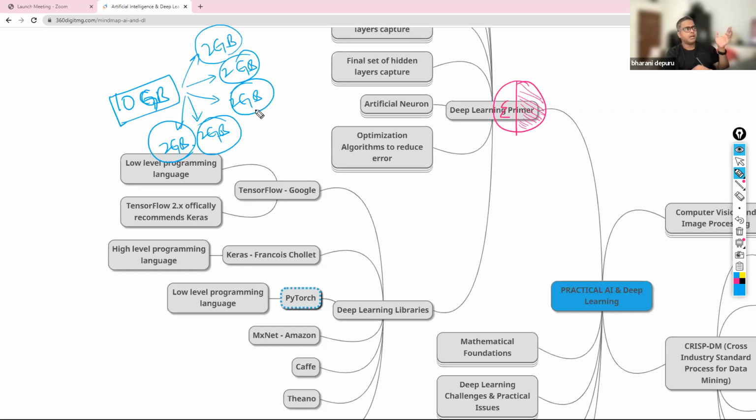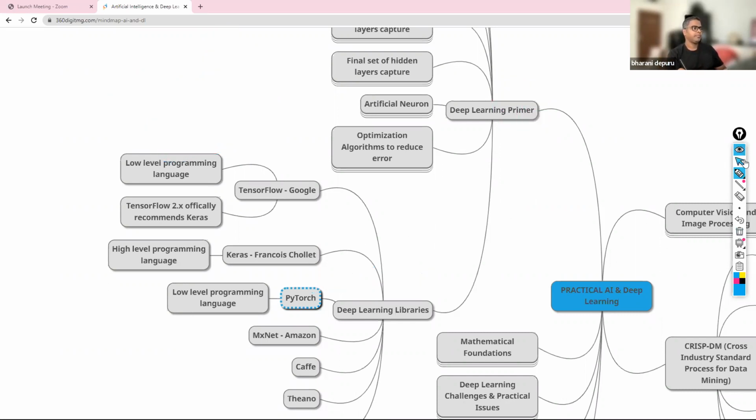And if you want to build a model by accessing data from all these different computers and still do a good job, then PyTorch works exceptionally well in comparison to TensorFlow. That is the reason why it has caught the attention of the world. We have something else called PyTorch Lightning, and I'm going to take a session on PyTorch Lightning at a later point of time.